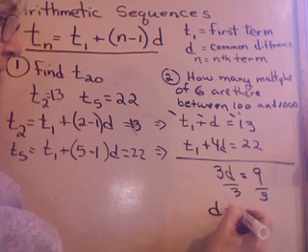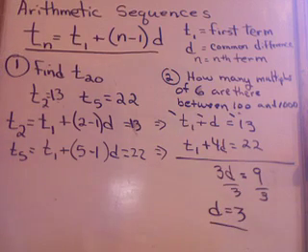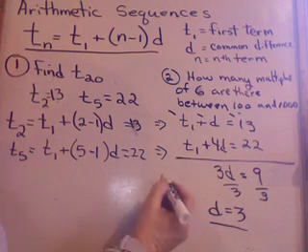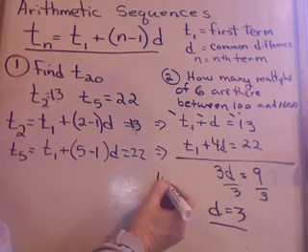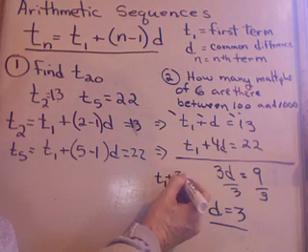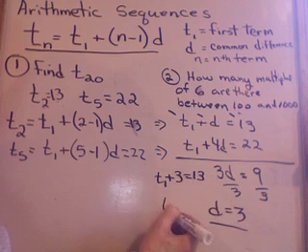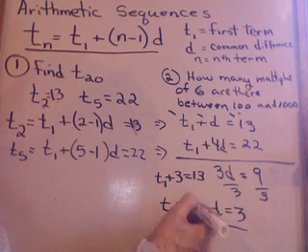So d equals 3. Now that I have d, I can go back into either equation and find t1. I'll choose the first equation again. t1 plus d, so d is 3, equals 13. Subtract 3 from both sides, t1 equals 10.